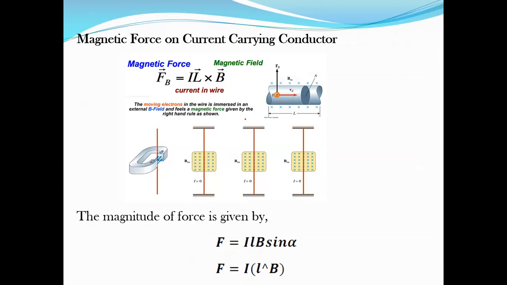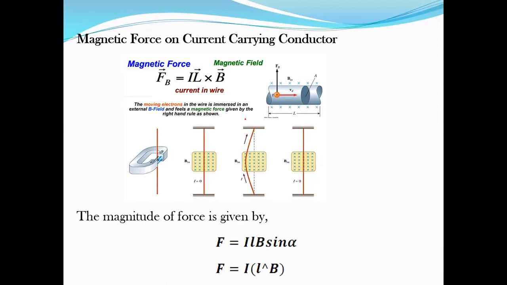Now, current means the flow of charges. The magnetic force on a current carrying conductor, right? A current carrying conductor means the flow of charges. Suppose you have a current carrying conductor in a magnetic field.